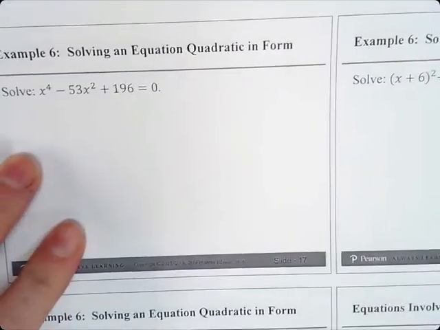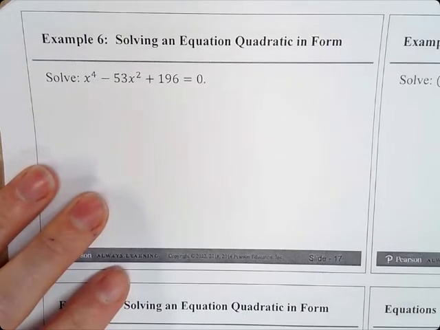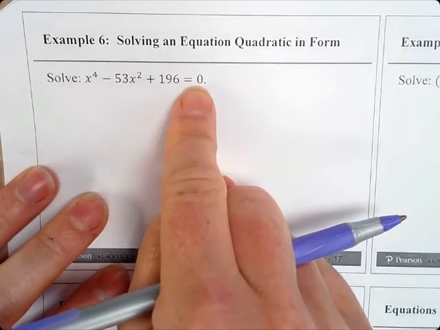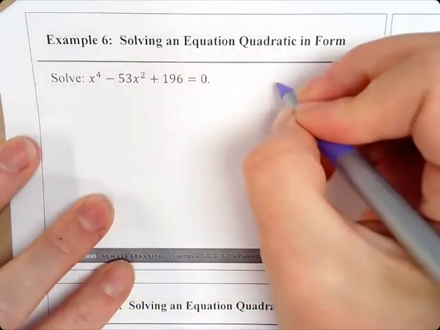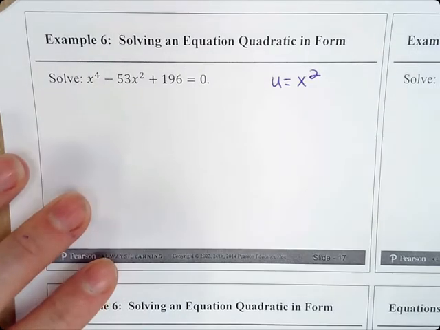Okay, let's keep on going. So this is in that same quadratic in form. So we'll let u equals x squared. So I want you to work this one out.